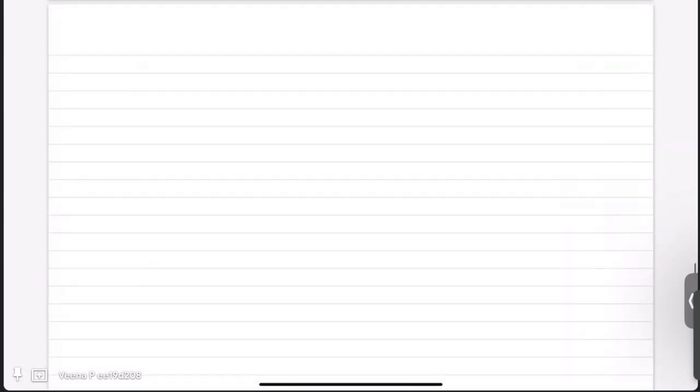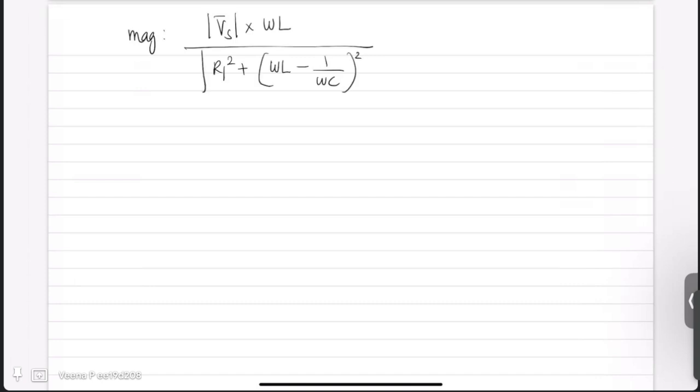So let us write down the magnitude and phase. The magnitude V is omega L divided by the square root of R1 square plus omega L minus 1 by omega C the whole square, and the phase is 90 degrees minus tan inverse of omega L minus 1 by omega C the whole by R1.